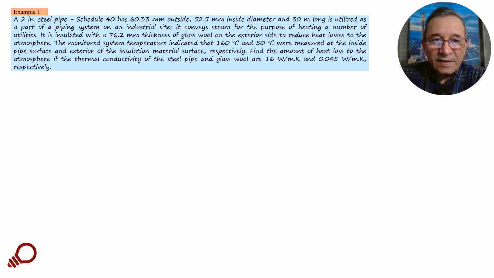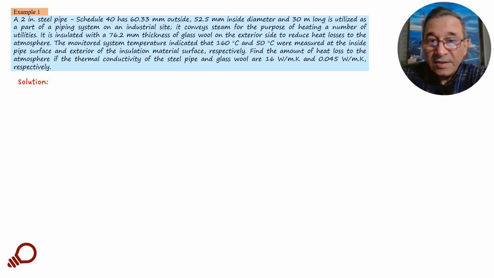Here, let us take an application example from the industrial side, where a steel pipe, 2 inches, conveys steam for the purpose of heating some equipment or utilities, and it is 30 meters long with conditions of 160 Celsius inside and 50 Celsius outside.